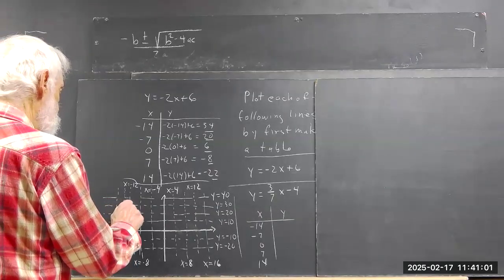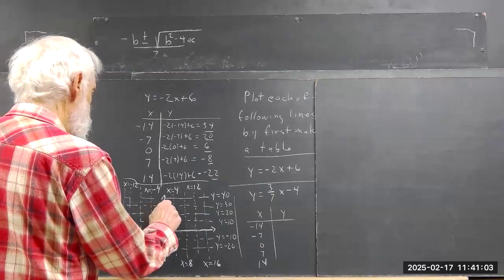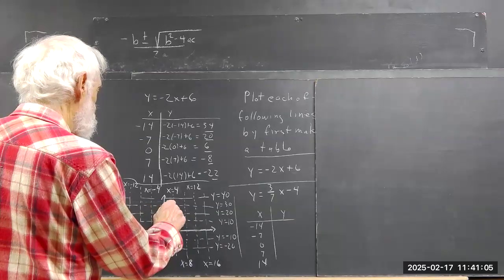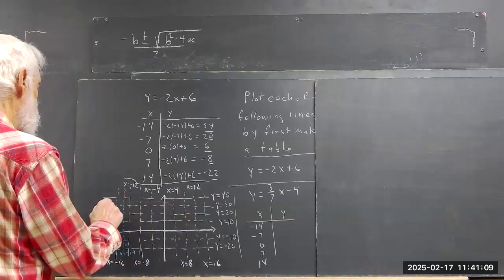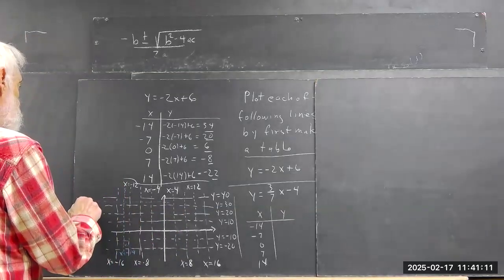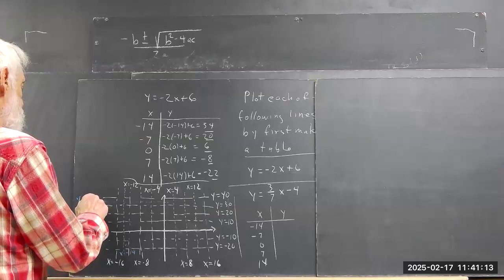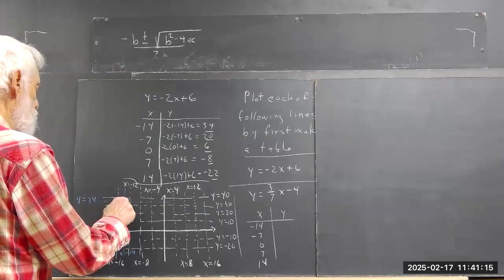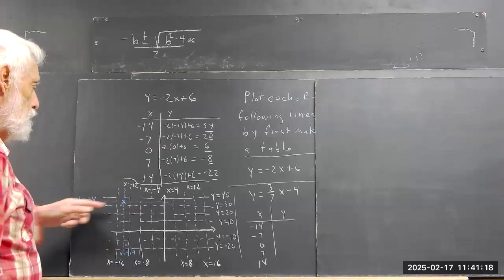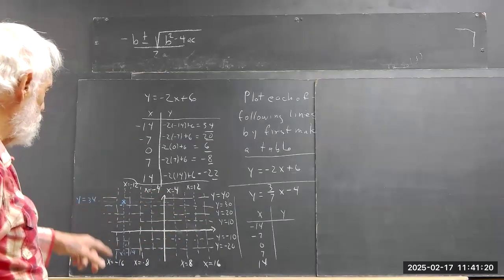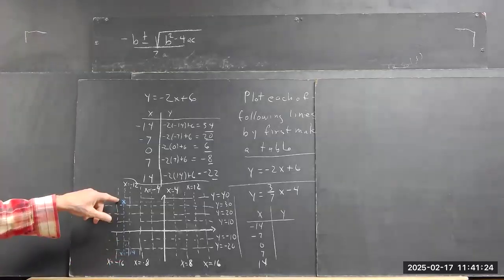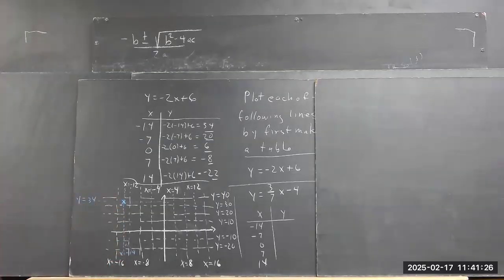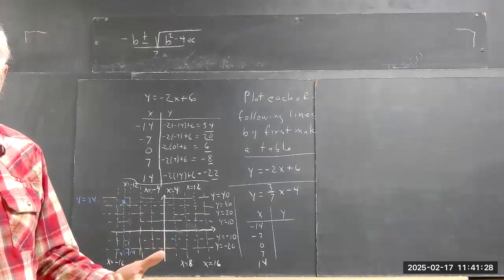So I'm going to draw it about here. This would be the line Y equals 34. And where this horizontal line for Y equals 34 crosses this vertical line for X equals negative 14, there's our point. Now, does all that make sense? Okay.